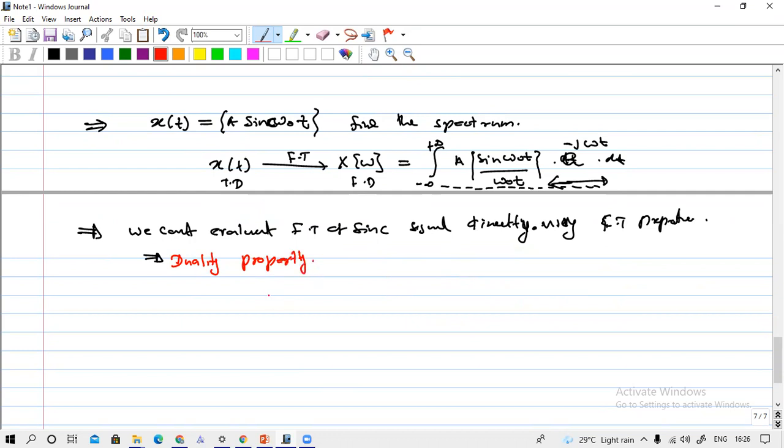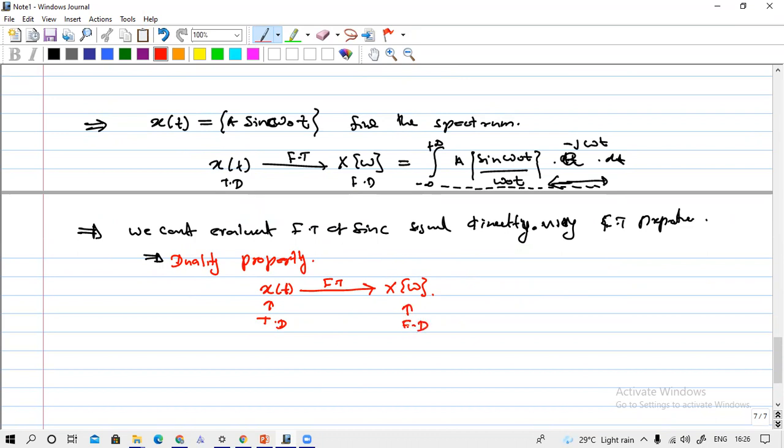It says that if we have a time domain signal x(t), and we know its Fourier transform, say it is X(omega), then you can see that this is a time domain signal and this is a different, frequency domain signal.